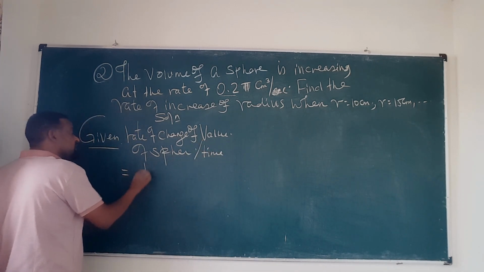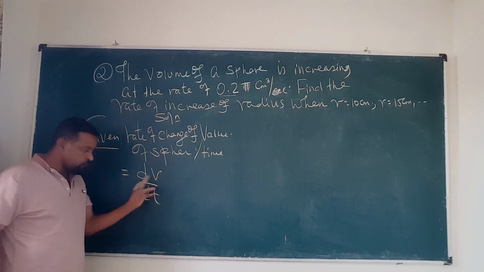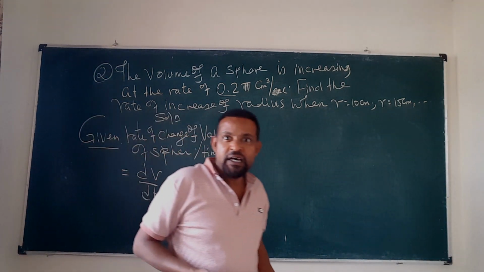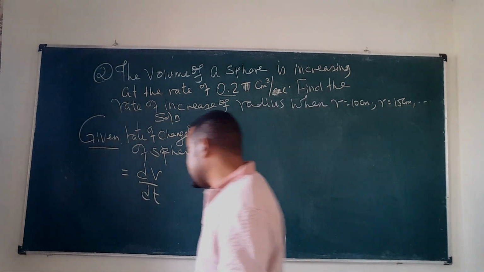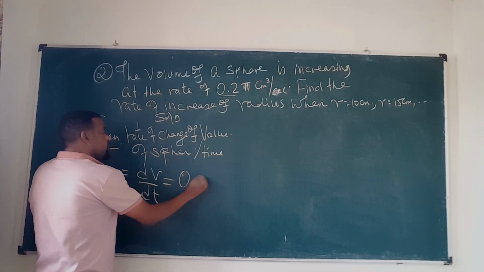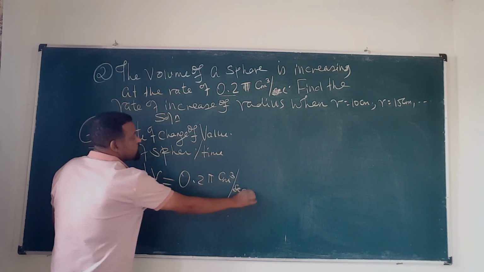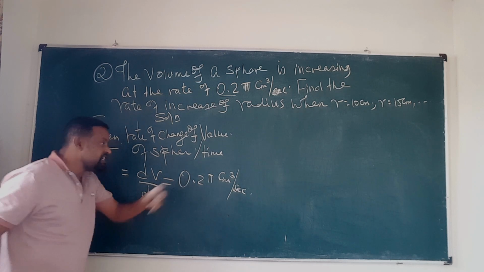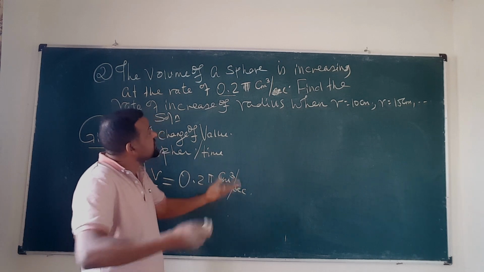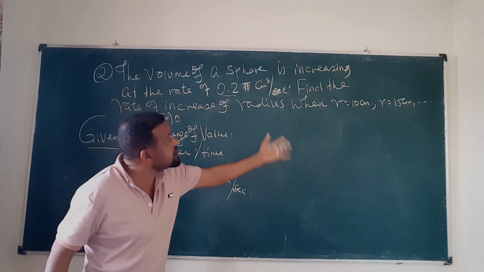That means dV by dt, the derivative of volume with respect to time. So dV by dt is given by 0.2 pi centimeter cube per second. The volume changes at this rate, 0.2 pi every second.